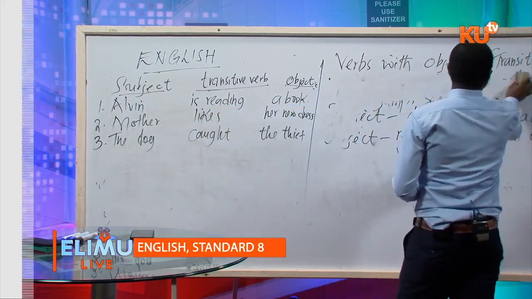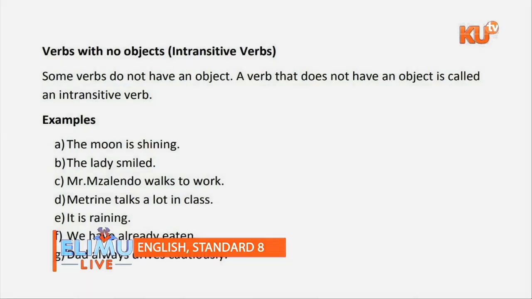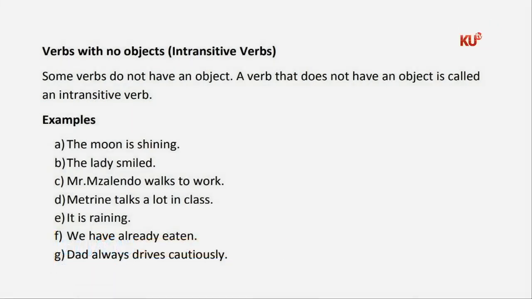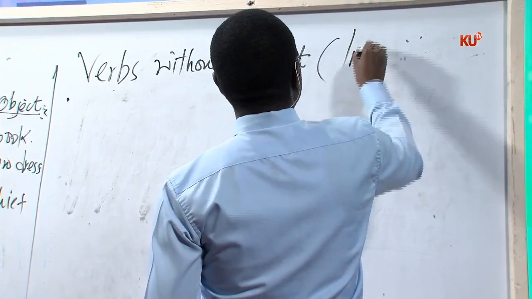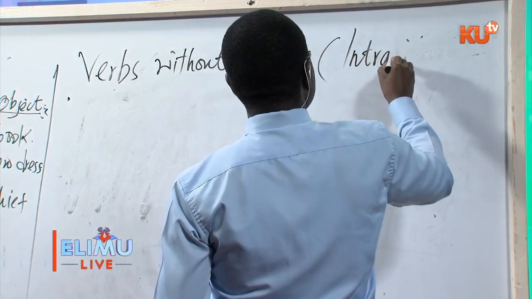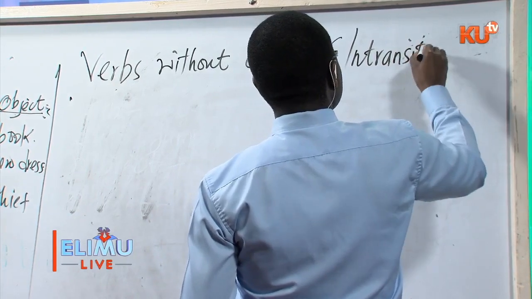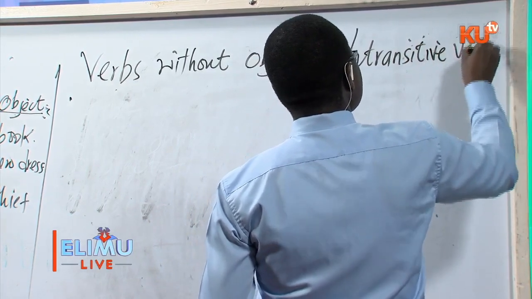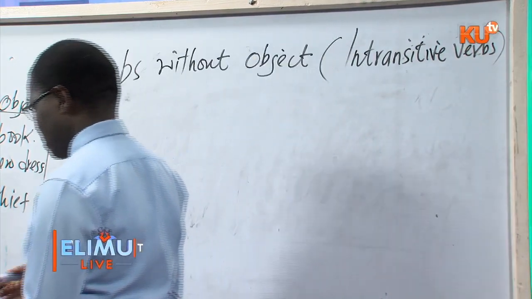The other group, as we look at sentences this morning, are called verbs without objects, or intransitive verbs.